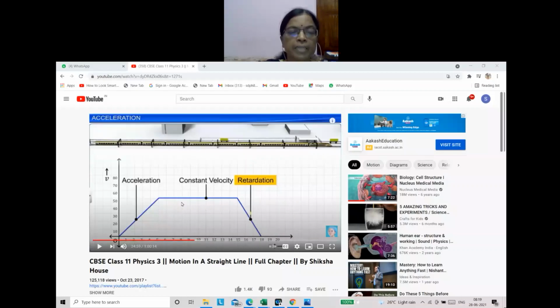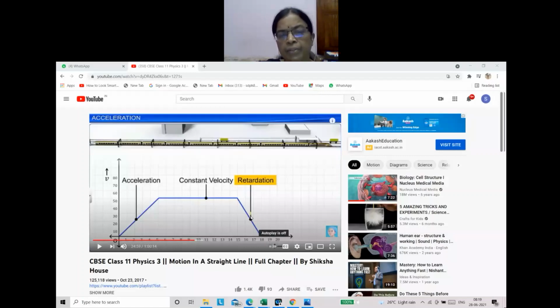So just by seeing the graph, you should be able to tell this is positive acceleration. This is no acceleration, zero acceleration. Constant velocity means no acceleration. When a body moves with uniform velocity, acceleration is zero.